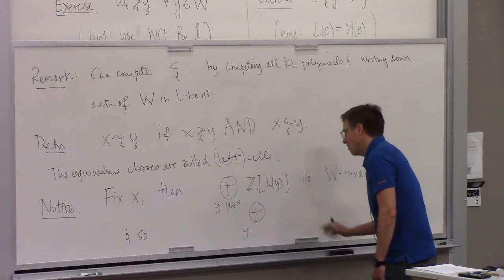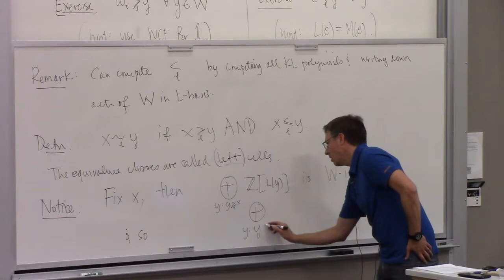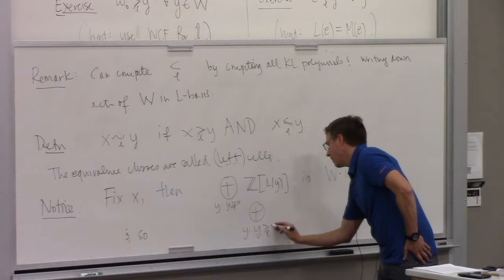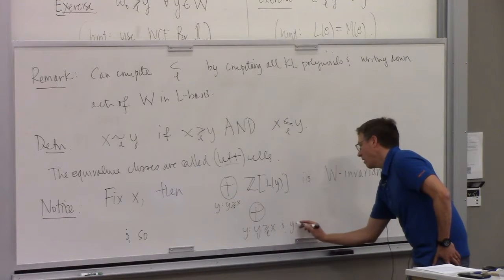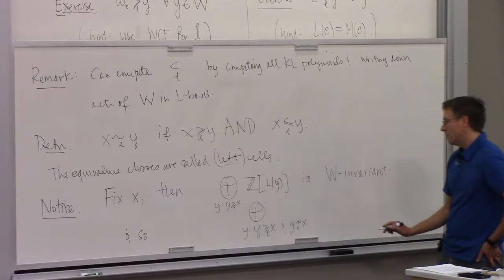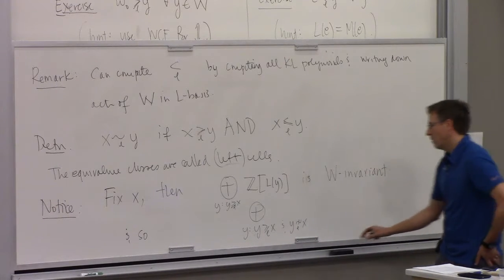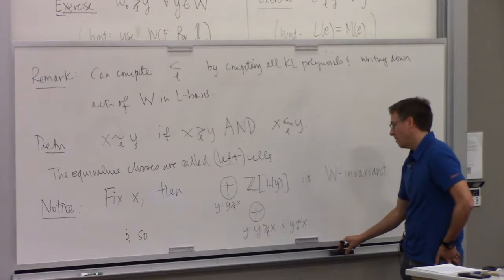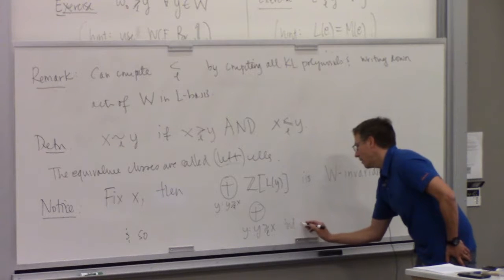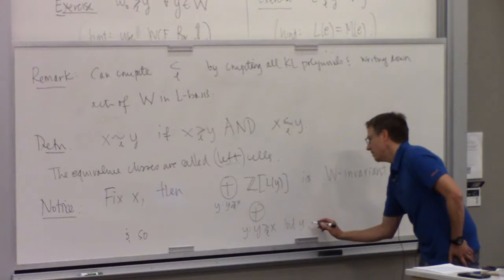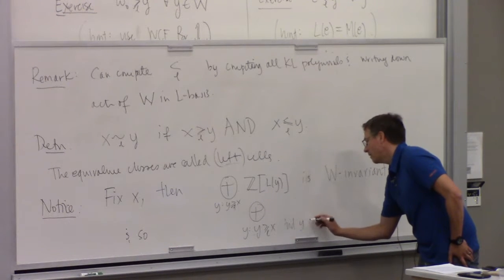So what Peter wrote, I think, is the way Kazhdan and Lusztig write, and it's well defined. Which would be preferred? It's not the same to say that x is bigger than y, or to say that y is not bigger than x. Not equivalent, so that's what I had.